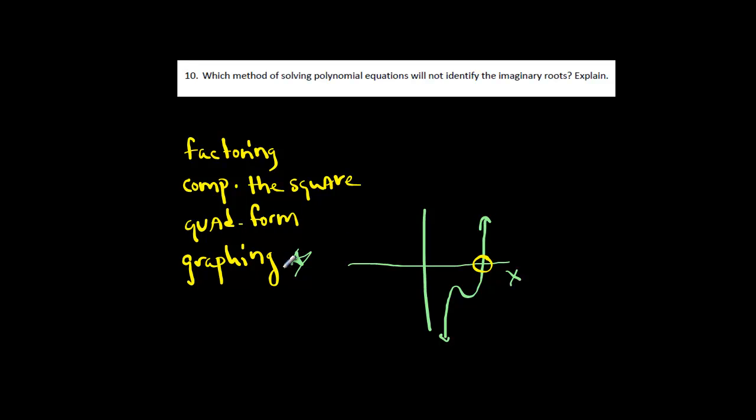So graphing is the method that does not identify the imaginary roots, because graphing only shows the real roots due to the x-axis only being made up of real numbers. Now there's the possibility of graphing over the complex coordinate system, but we haven't done that yet. And I don't think we're actually going to this year, but you may in pre-calculus.